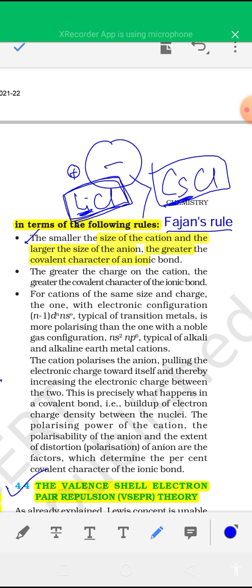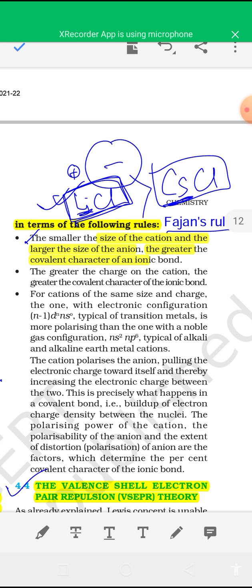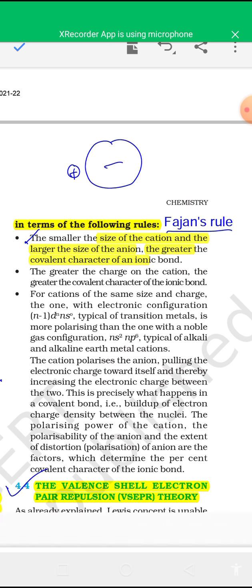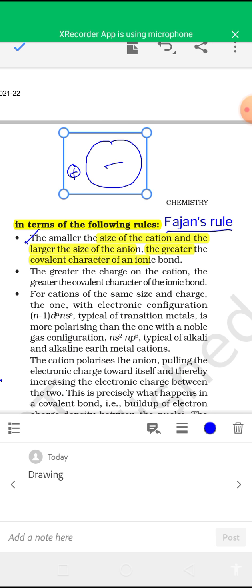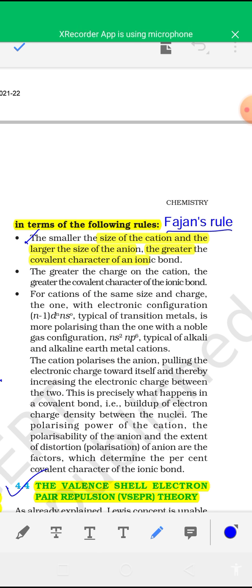Both are ionic compounds, but lithium chloride has a measurable covalent character compared to cesium chloride. So the smaller the size of the cation and the larger the size of the anion, the more will be the covalent character in the ionic bond.